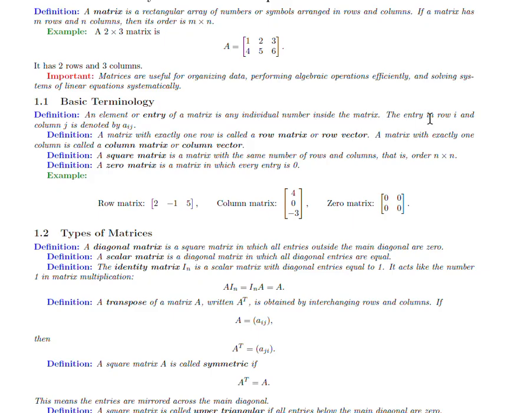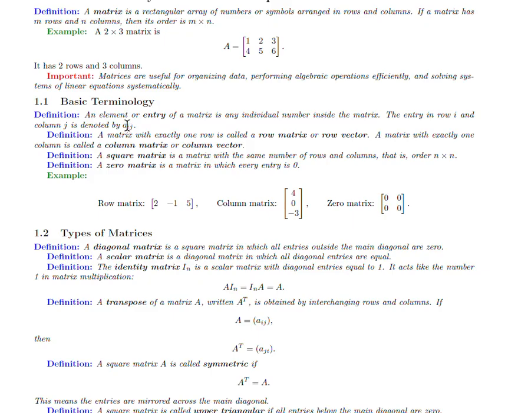The entry in row i and column j is denoted by a subscript ij, right? It's just a terminology to be able to locate or identify elements or entries in our matrix.